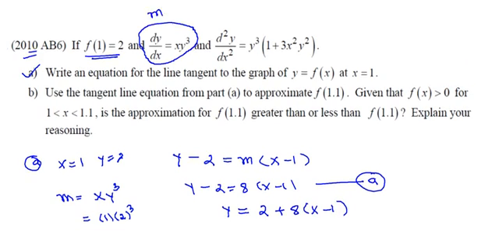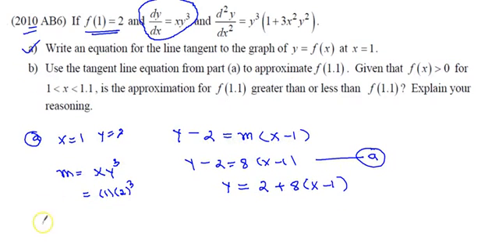Okay, so let's talk about B. Use the tangent line equation to approximate f of 1.1. So that means I have to approximate f of 1.1, which means x equal to 1.1.